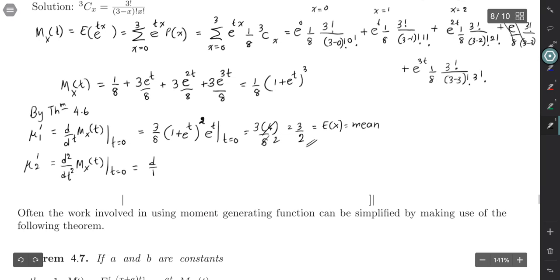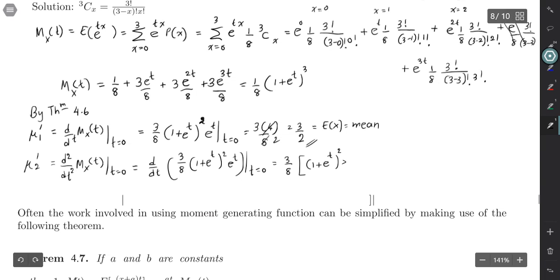That will be d over dt of 3 over 8, (1 plus e to the t) to the power 2, times e to the t.